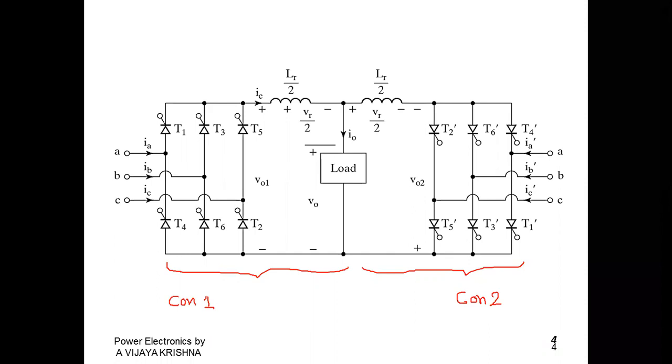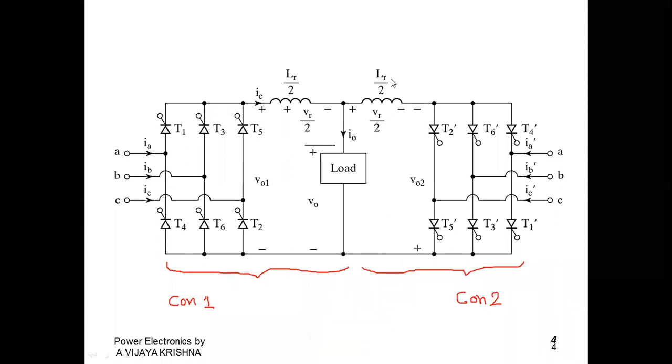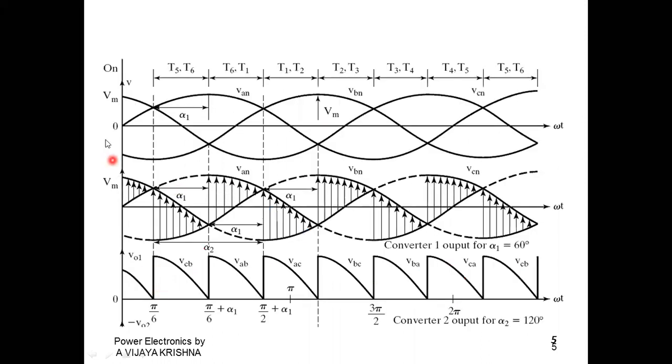Actually, in practice, there is a ripple content in the output voltage across the load circuit. If you observe the next diagram, here is the output voltage, and this is the supply voltage.